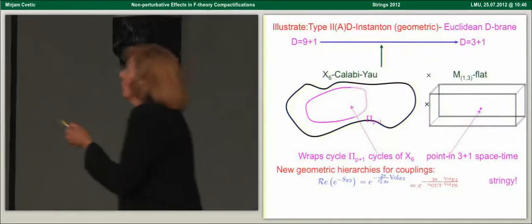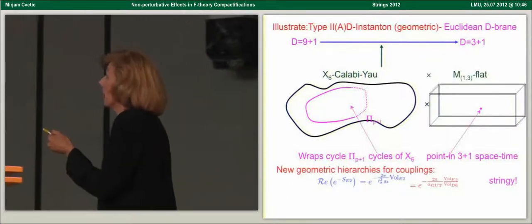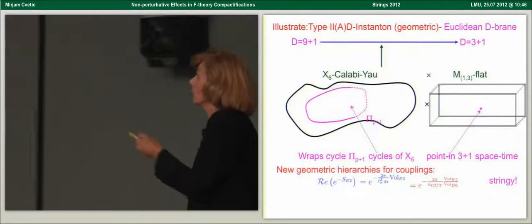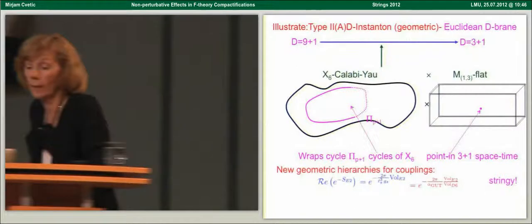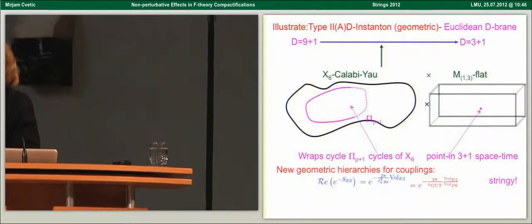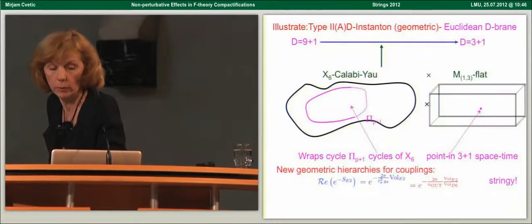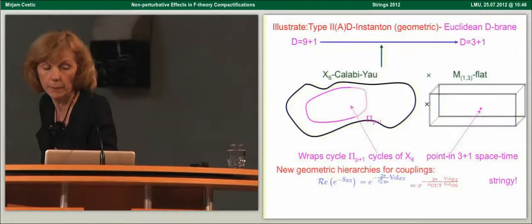The typical contribution would be exponentially suppressed by the classical action of such instantons, and it would be proportional to the volume of the cycle that the Euclidean brane wraps.